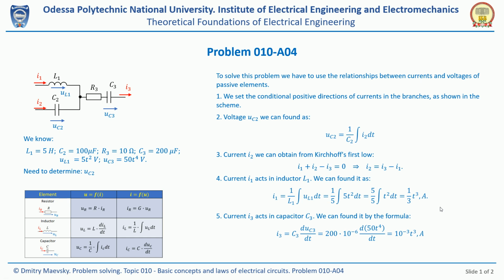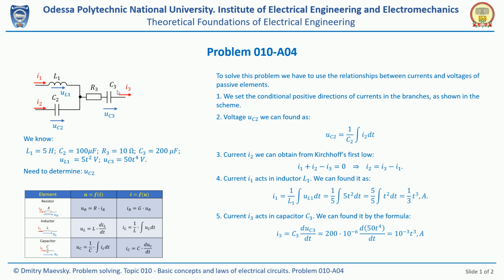Today I'd like to propose for your attention a solving of problem number 4. The scheme of this problem you see on this slide. We have inductor L1, capacitor C2, resistor R3 and capacitor C3 connected as it's shown in this scheme.